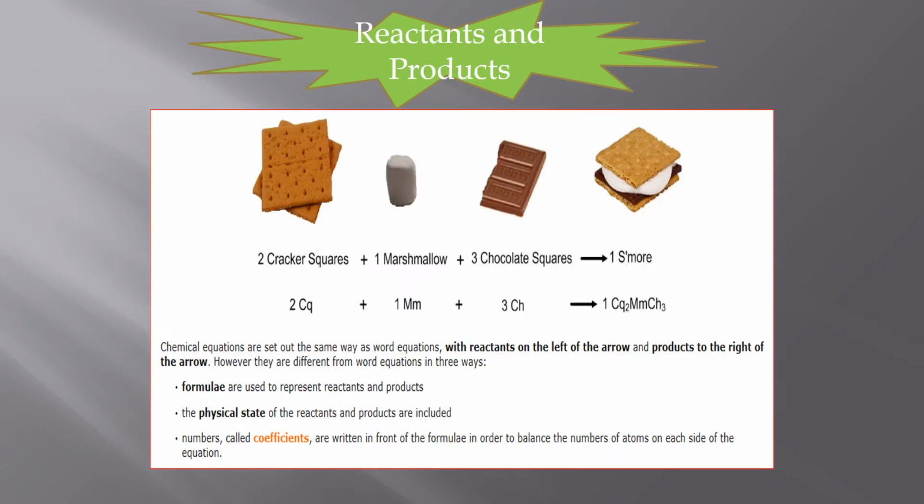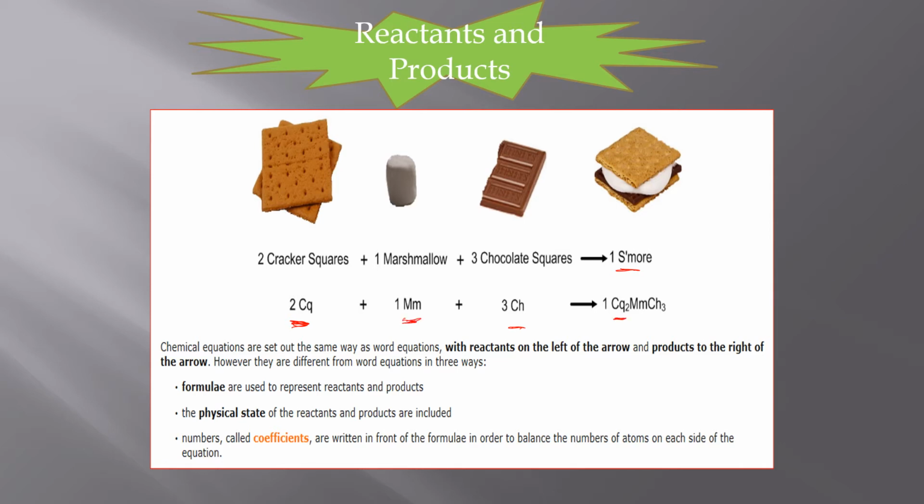And here's a nice example. We have two cracker squares, which we've made up a little formula for, plus one marshmallow, plus three chocolate squares makes a s'more, which is yummy. If you think about how we've done it, we've got two CQ, which is our cracker square, so there's CQ with a little 2.